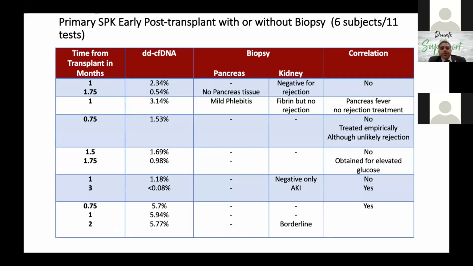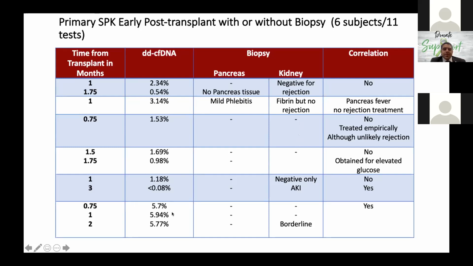When we used the test under 6 weeks from engraftment, we ran into scenarios where the test will be high, indicating that there is higher cell-free DNA circulating from a donor source. But when we did the biopsy it was negative most of the time.